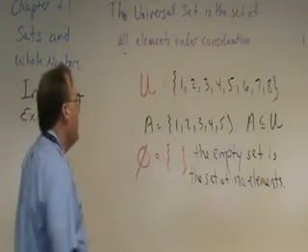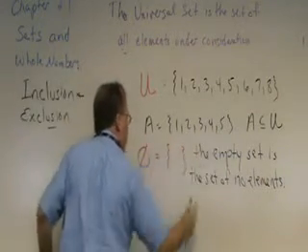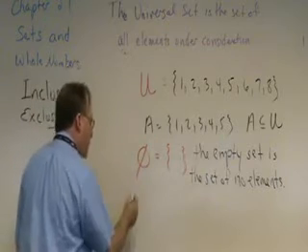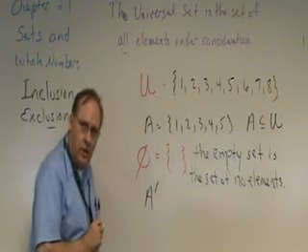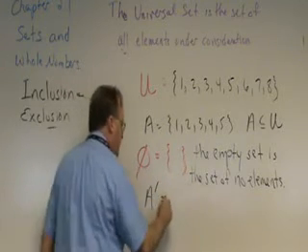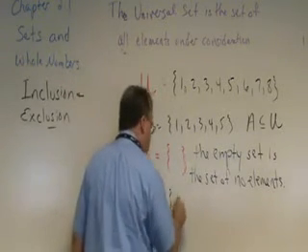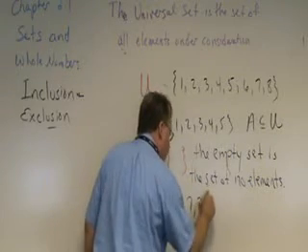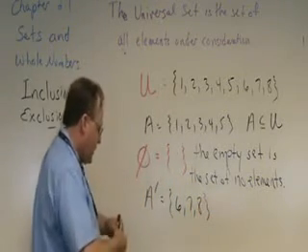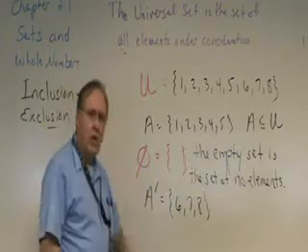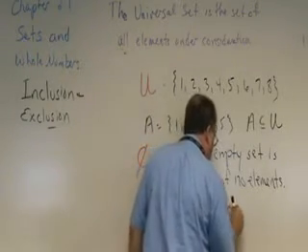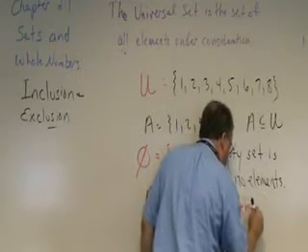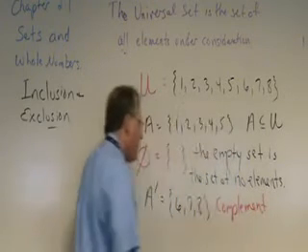For example, here in A, I have included 1, 2, 3, 4, and 5. Well, what didn't I include in A? In this case, I did not include 6, 7, and 8. And this idea of exclusion here, we are going to call the complement of the set.